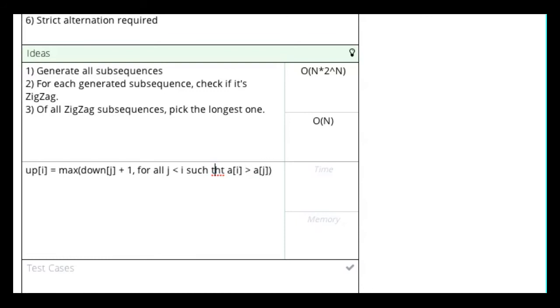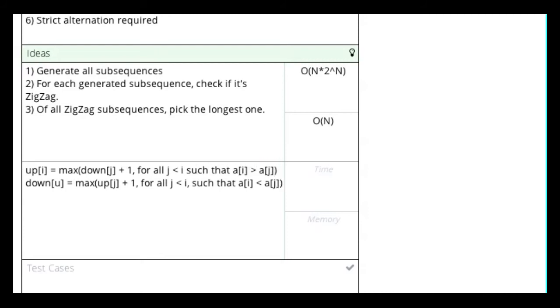And then down i is going to be the maximum of up j plus 1 again for all j smaller than i such that ai smaller than aj.